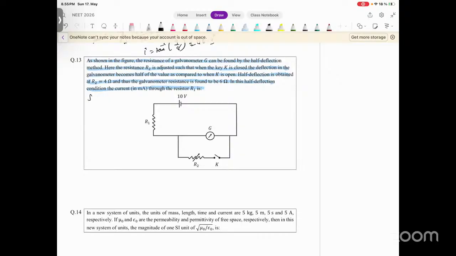For half deflection, you know that the resistance of your galvanometer will be equal to S into R2 divided by S minus R2. Given in the problem right now, Rg, the resistance of galvanometer, is 6 ohms and R2 is equal to 4 ohms. So the circuit current division gives me what right now?